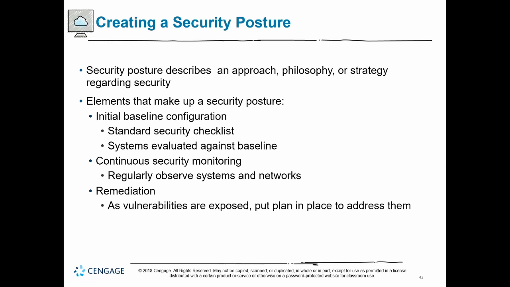Elements that make up a security posture are an initial baseline, continuous security monitoring, and remediation. For a baseline, you need standard security checks, and when you have a baseline, you can compare all deviations against that baseline. It helps you identify your standards, right? It helps you identify where your suspicious activity is and what's not up to date.